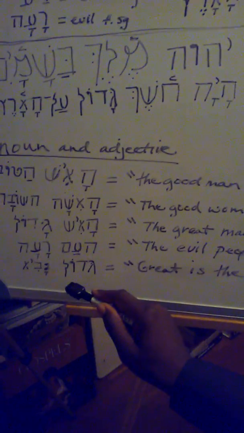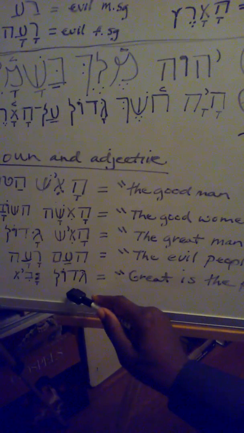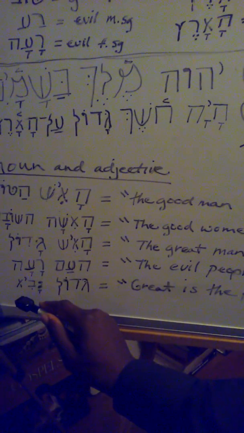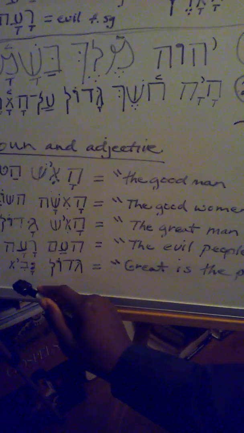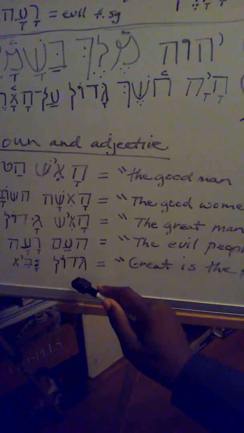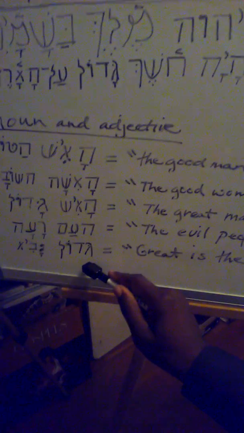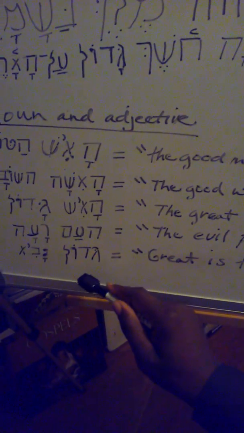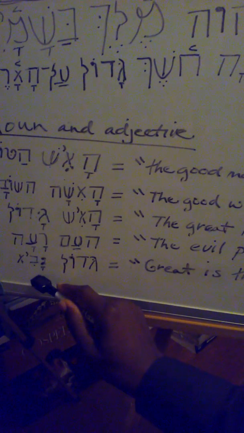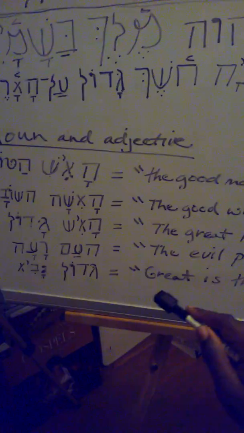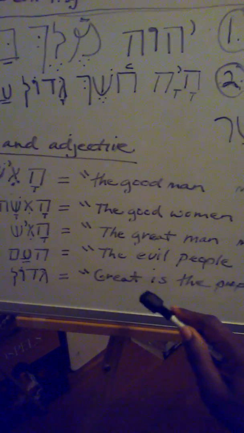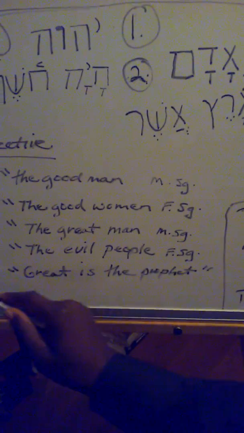Here we have the opposite now. We have the adjective in front of a noun. You know the word navi, which is prophet. But then you have your vocabulary adjective word, gadol, which is great. So if I see great in front of navi, instead of saying great prophet, I'm saying the substantial: great is the prophet.